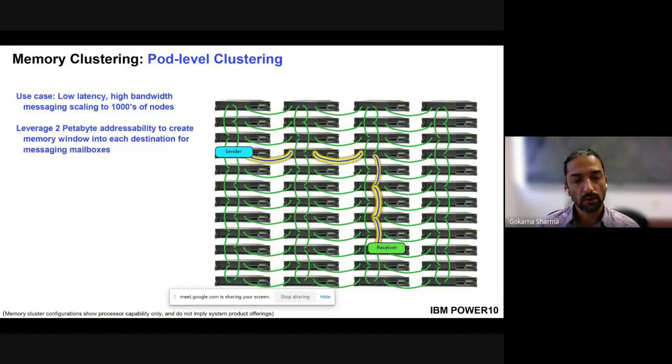From the sender, look at the lines that are blue covered by yellow. If this is the sender system and then you go into the receiver system, then from the sender you can go horizontally to the column where the receiver belongs, and then you can just transfer, doing the communication and reaching the receiver.